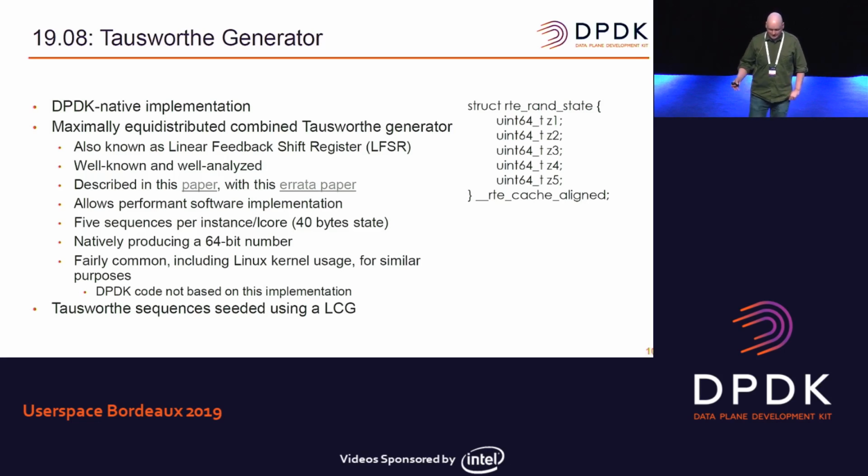Combined meaning that there are actually 5 sequences that you combine into one as part of processing. So the code is much larger than an LCG, but it's actually more performant because the instructions are simple. And not being an expert in this field, I took something that's well known, well analyzed. I sent you a link to the paper.